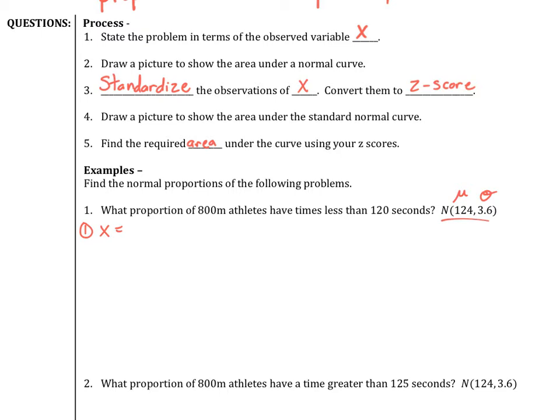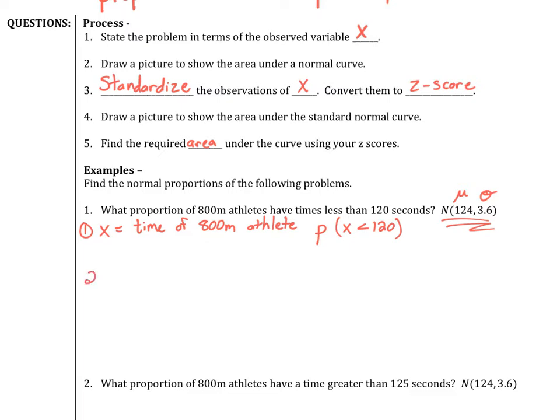So on this one, x is the time of an 800-meter athlete. So we determine what x is. The time we want to find is the probability that x is less than 120. We're trying to find out the probability that the time of an 800-meter athlete is less than 120 seconds, given the mean of 124 and standard deviation of 3.6.